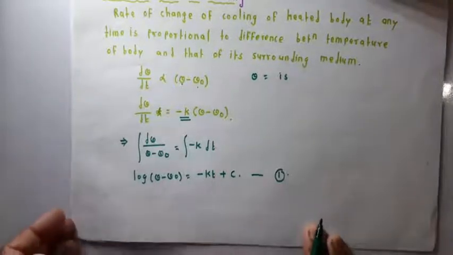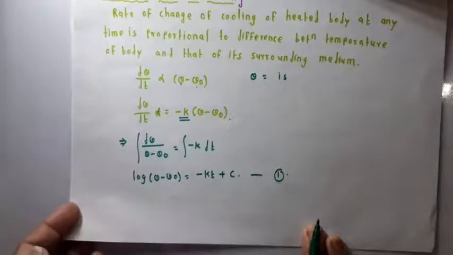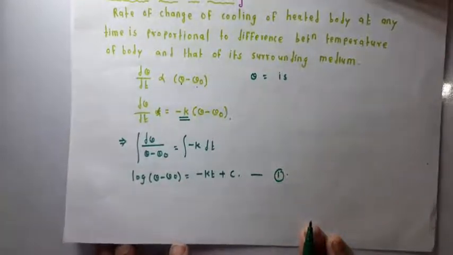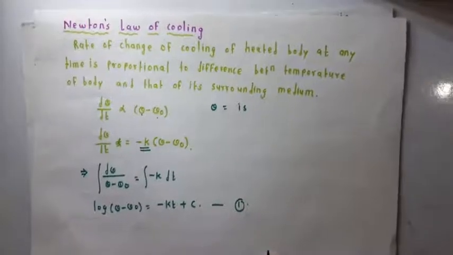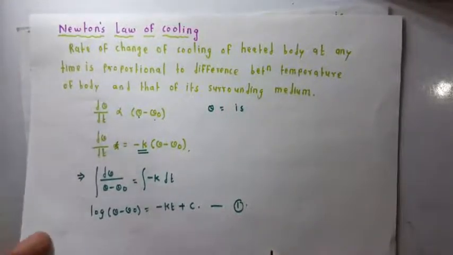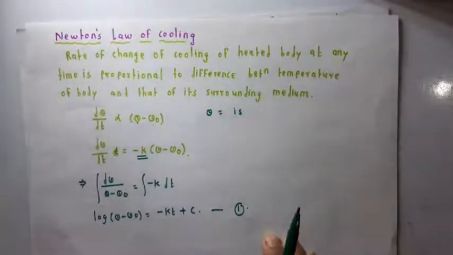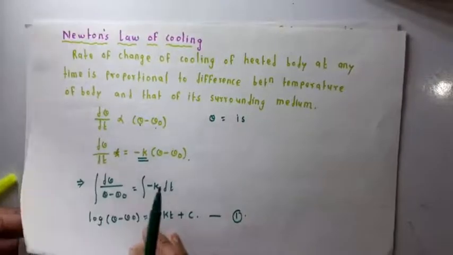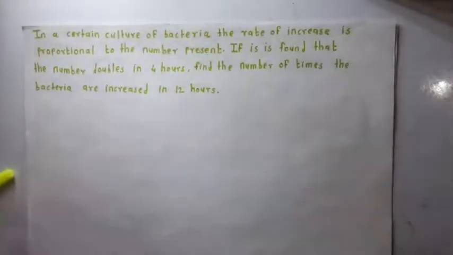Okay, and the last application of differential equations is surface area. So by using some geometrical concepts we have to solve the problem. Okay, these are the applications of differential equations. So students, by using this basic concept we have to solve the problems from exercise 6.6. Okay, so let us solve exercise 6.6.